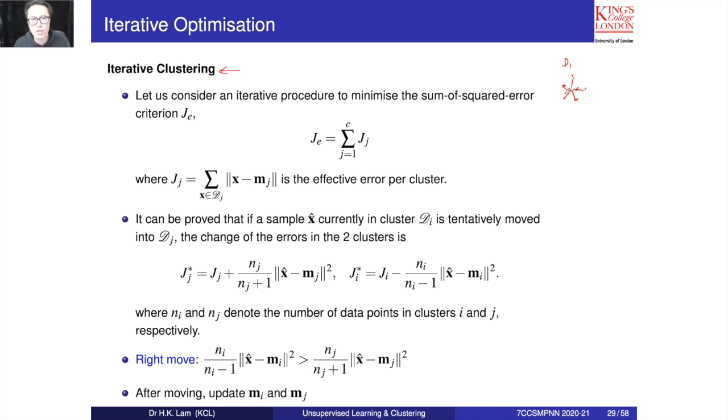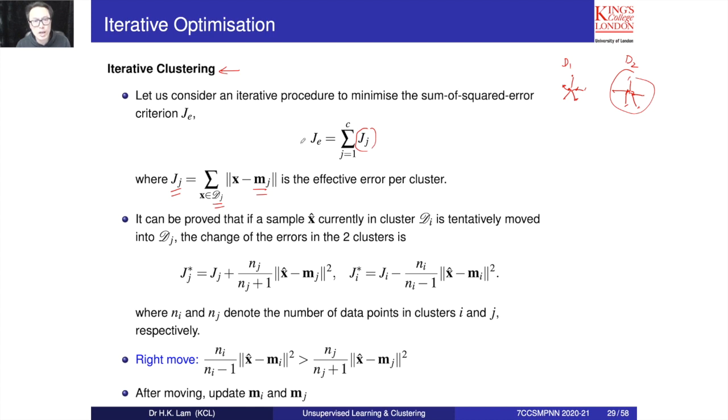That is the subcost value for cluster 1, and then we have samples in M2. We compute J2 using this information, and so on. So Jj is the sum of the distance between the samples in cluster j with respect to the center Mj.